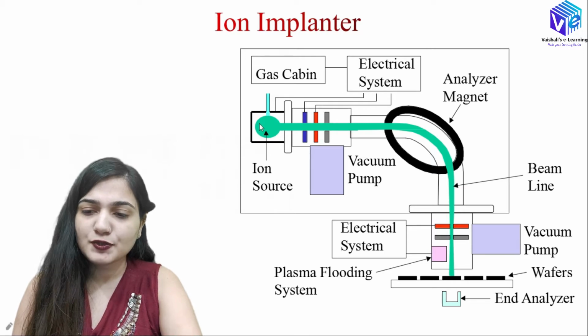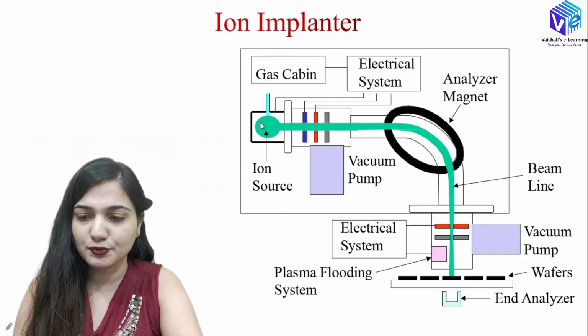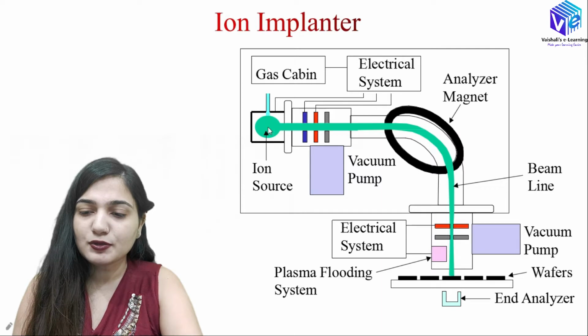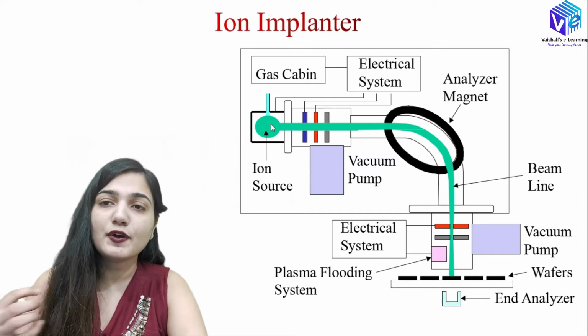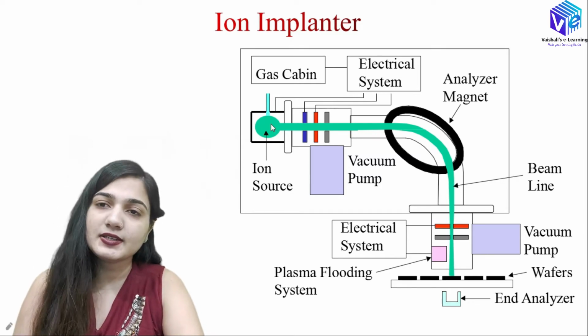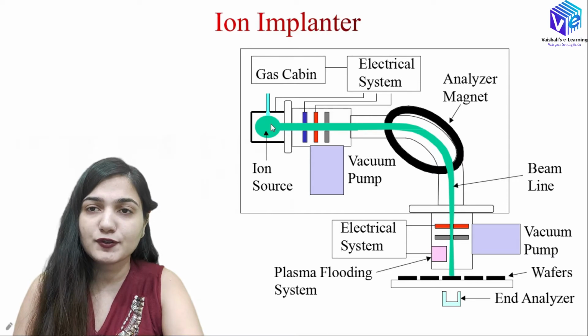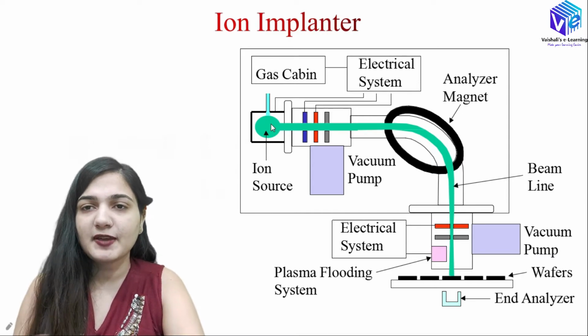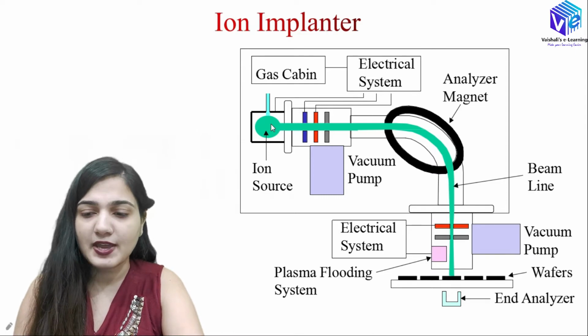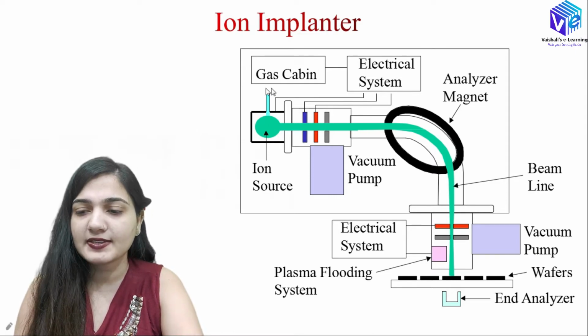So here we have the ion source. The ion source gets ions, whichever ions I can use, which I have already shown in the previous slide: depending on the requirement of the type of doped region, P type or N type, I can choose any ion. So we have a gas cabin.